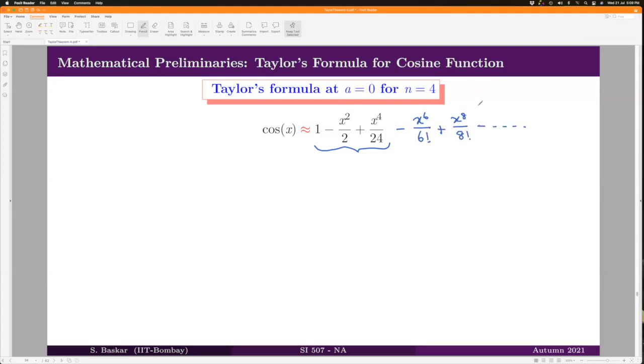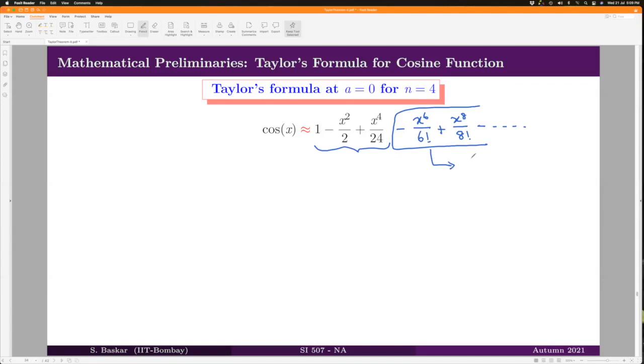This is what we have neglected as far as the series is concerned, and from Taylor's theorem we can also write this neglected term in the form of the remainder or the truncation error.